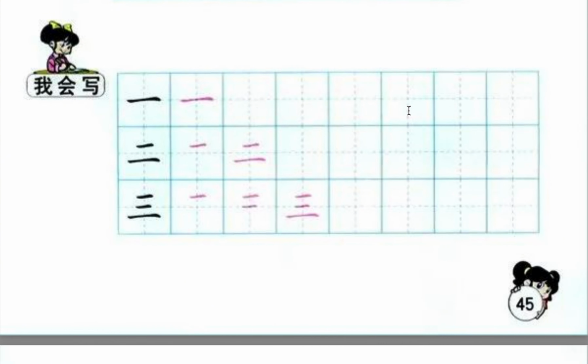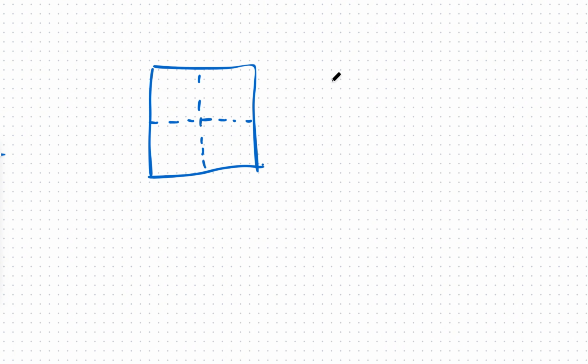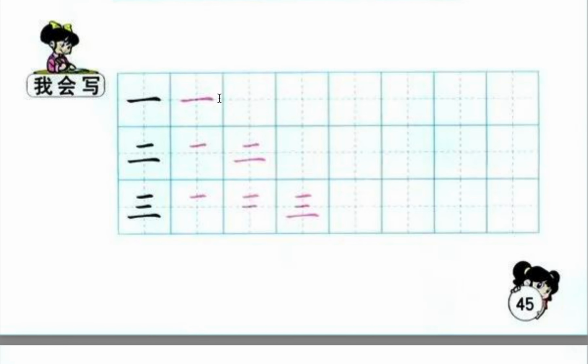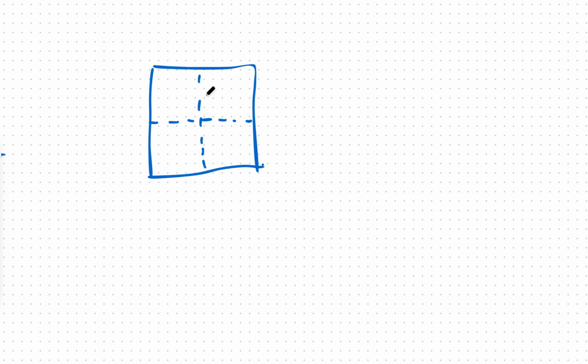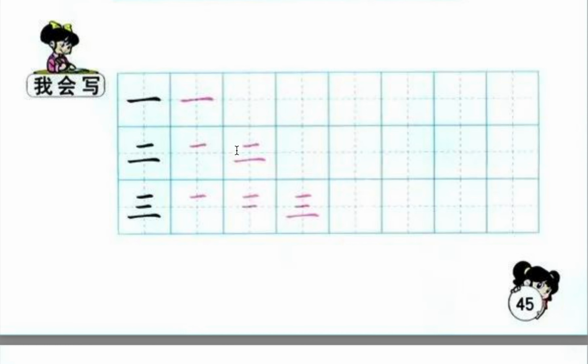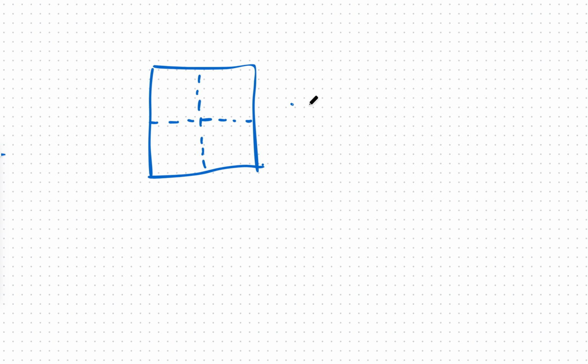You can see here, these boxes have this structure, this form paper, so you can write the character inside, and you can use the little dot to see where you can write the character.